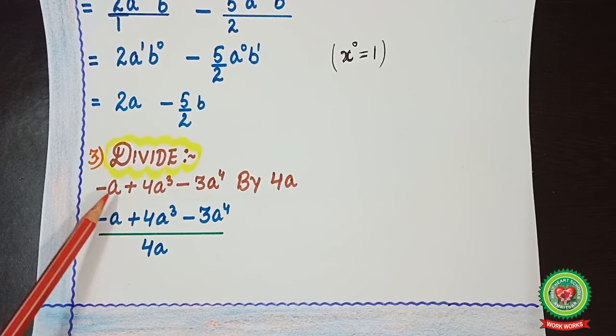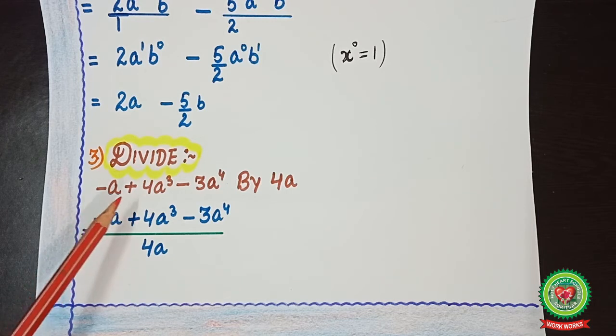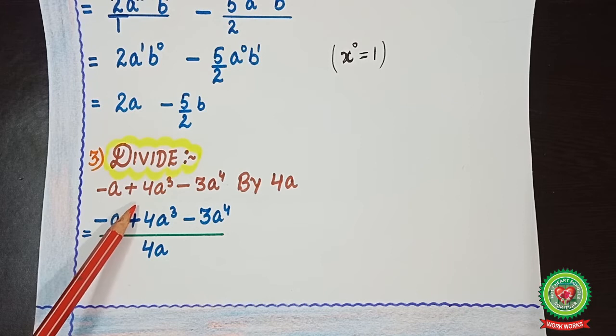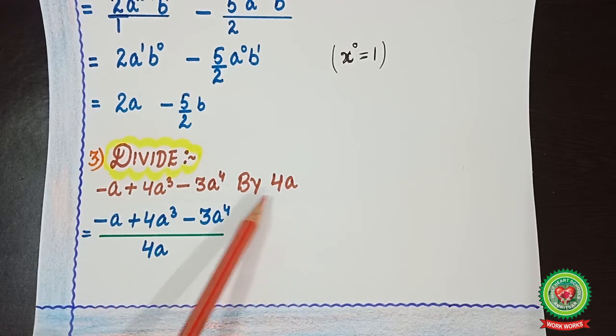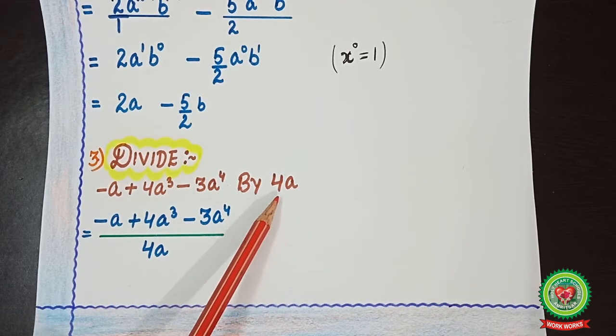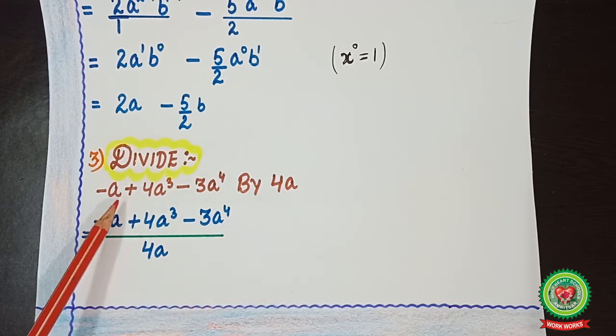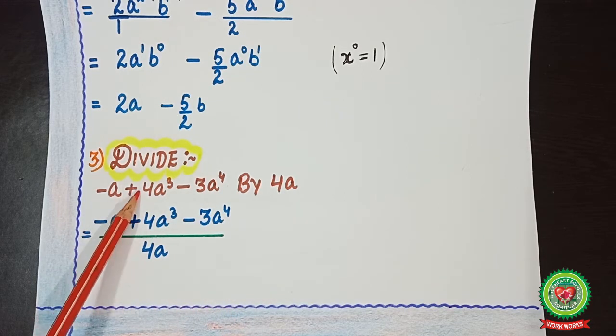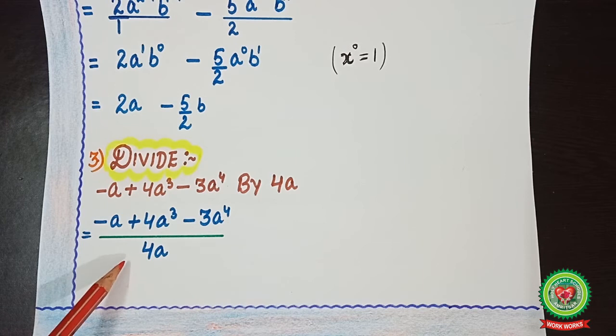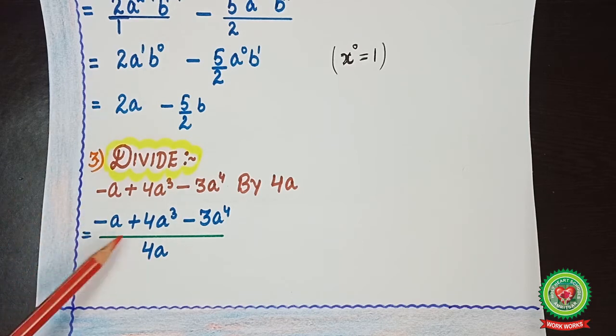Yes, this is a trinomial expression, right? Now here 4a is a single term, so it will be a monomial expression. So we are dividing a trinomial expression by a monomial expression. With the same pattern, the same steps that we followed in the previous example, we will solve that sum.